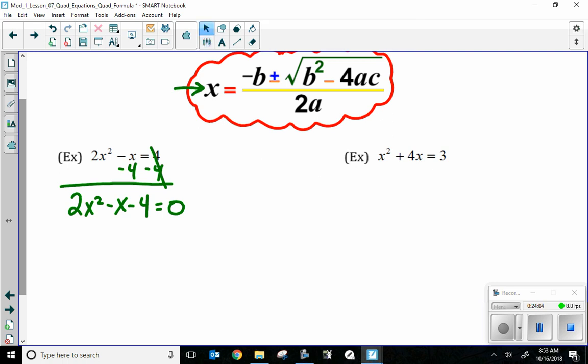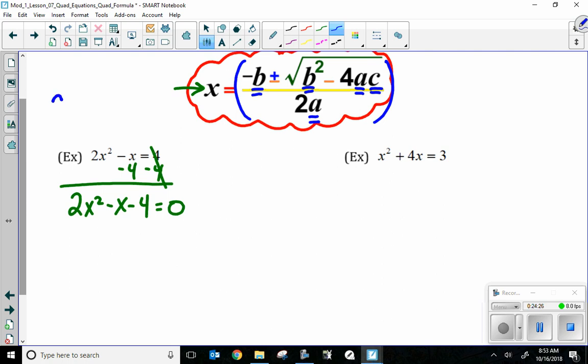Now, I see the letters in this fraction here. I see an A, I see a B, and I see the letter C. So where do these come from? Well, the general or standard form of a quadratic is ax squared plus bx plus c.